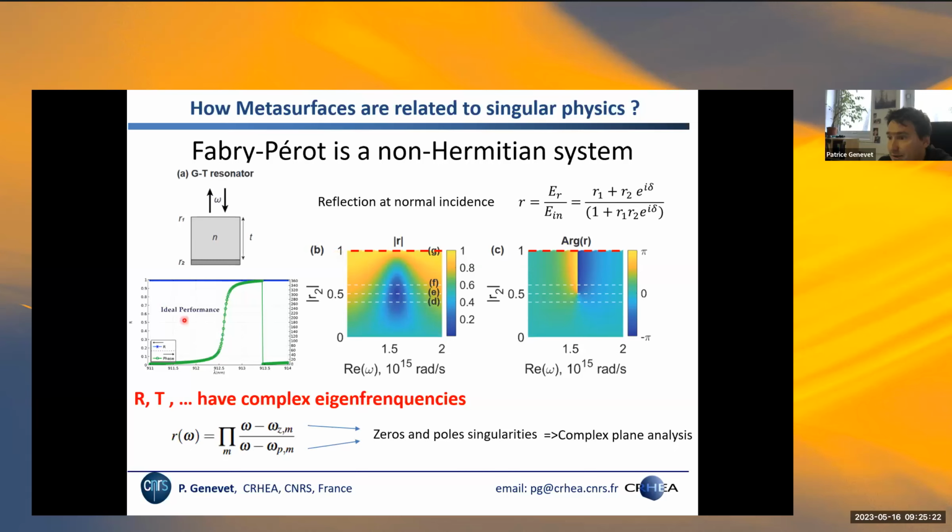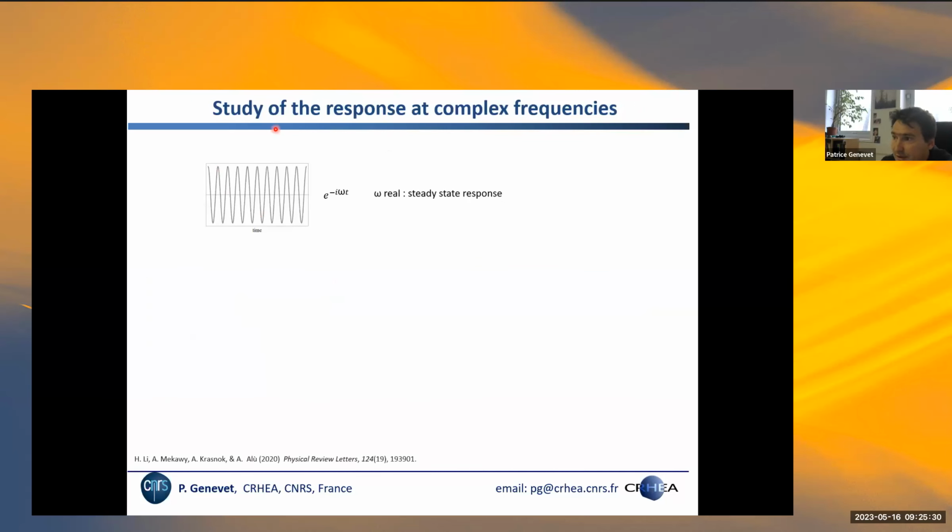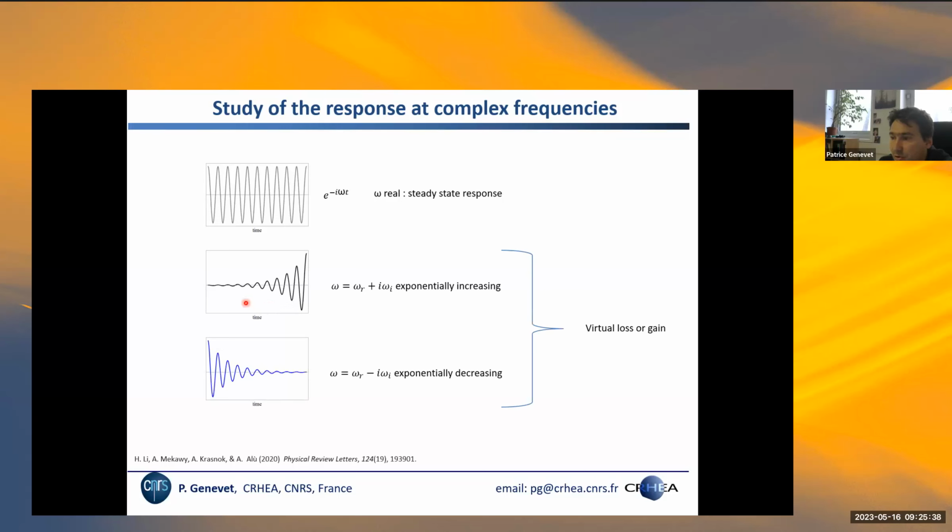But you see, these measurements are done with a real frequency excitation. We haven't studied these complex frequencies here. So what I would like to do is, instead of exciting the system with a steady state response, which is omega real, interrogate this Fabry-Perot or this metasurface with time varying excitation, so that we can provide a complex part to the excitation frequency.